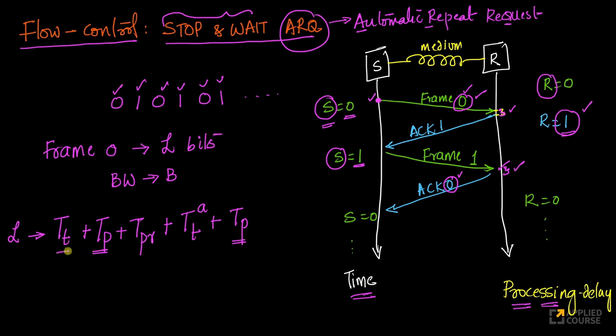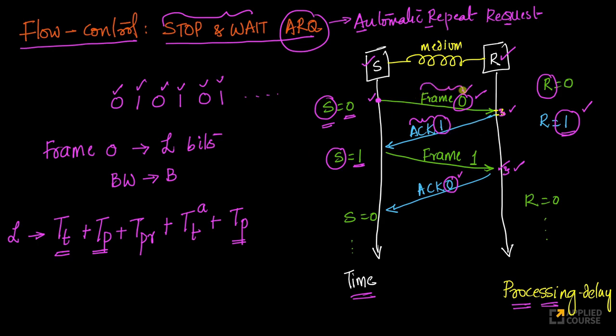The transmission time for the frame will be different from the transmission time for the acknowledgement, because the acknowledgement packet is actually very, very small. When I'm sending the acknowledgement packet, all I have to place is the receiver's MAC address, the sender's MAC address, and the number 1. So acknowledgement packets are very small compared to your data frames.